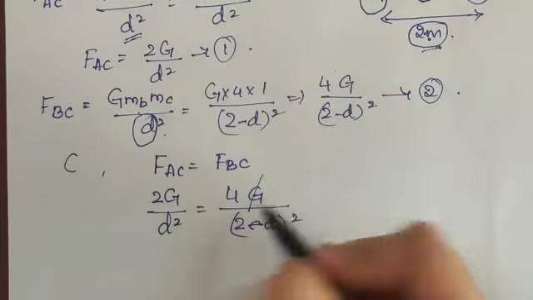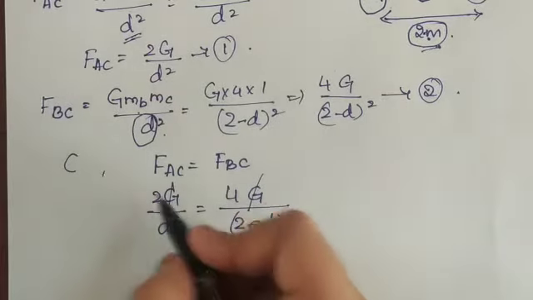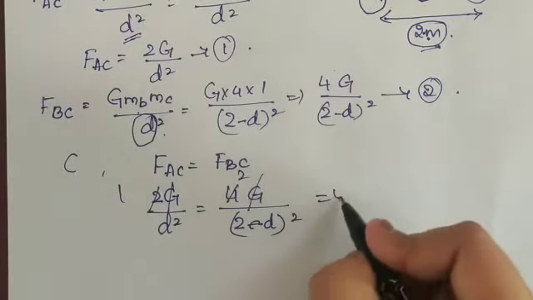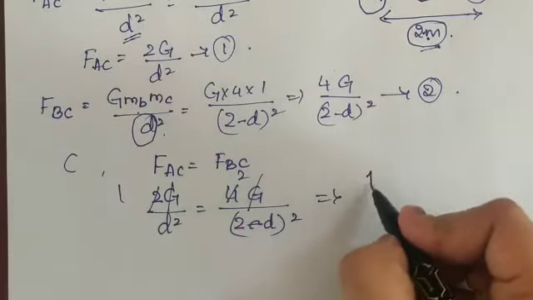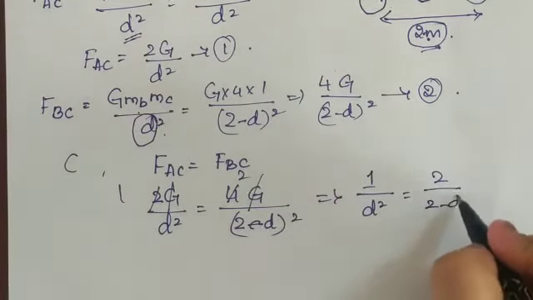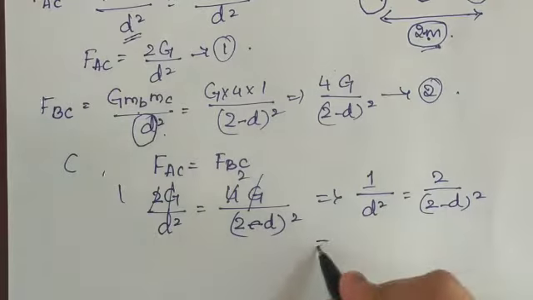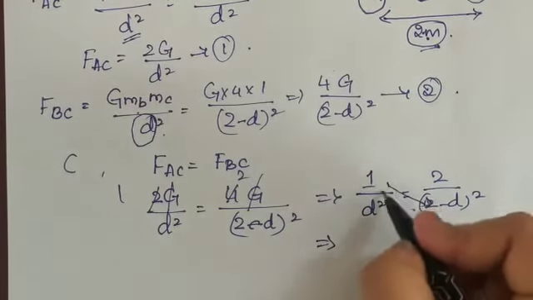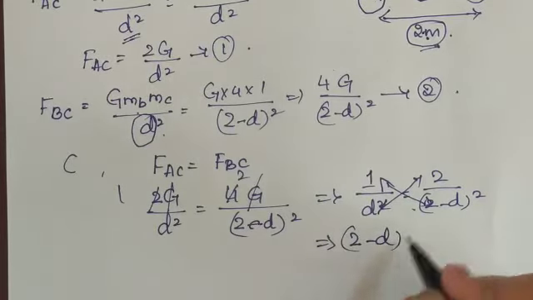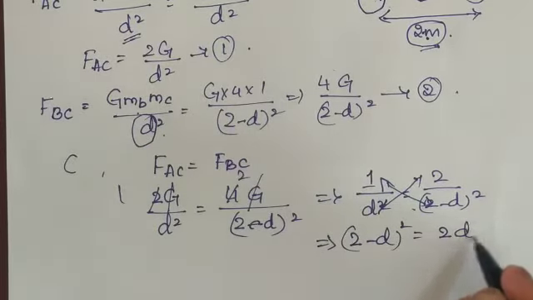G and G get cancelled, and I can simplify 2 ones are 2, 2 twos are 4. The remaining is 1 divided by d square equals 2 divided by 2 minus d whole square. So cross multiply this: 2 minus d whole square is equal to 2d square.